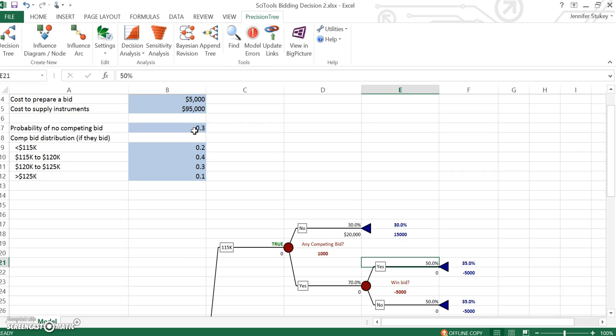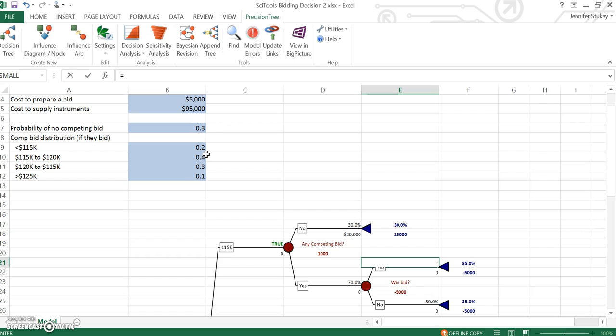And so if we bid 115,000, there is going to be an 80% chance that we will win the bid because we basically take the sum of these probabilities right here, as far as what the other competitors are going to bid.